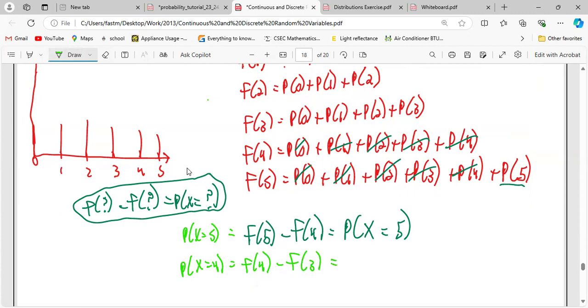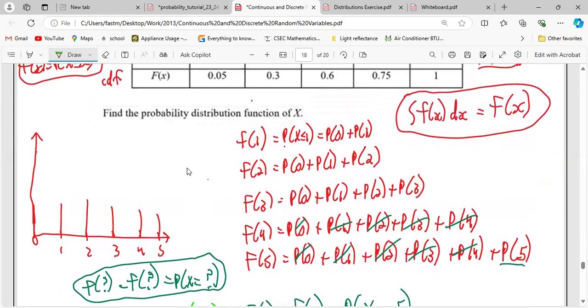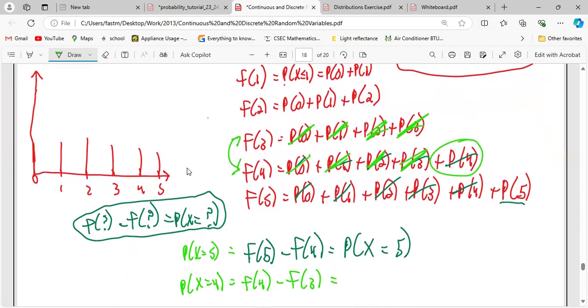So let's see if it still makes sense here. If I subtracted f of 3 from f of 4, this will cancel with that. Remember, these should be the limit here. This will cancel with this, with this, with this, and I just end up with P4, which is what you want alone.